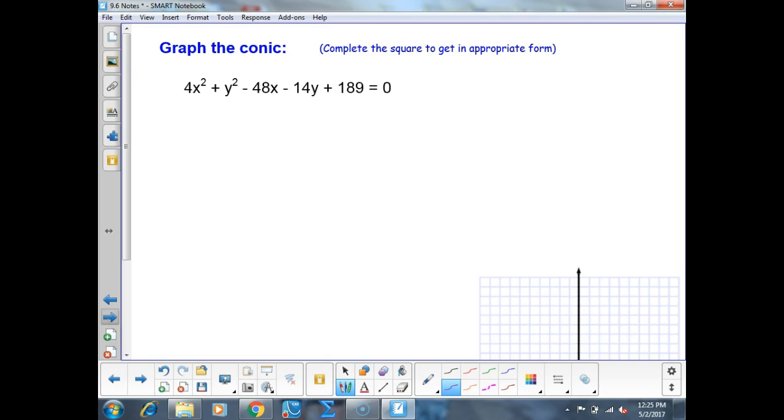Because I'm adding the squared terms, and they both have different coefficients. So I'm adding the two squared terms and the coefficients are different. So this is an ellipse.